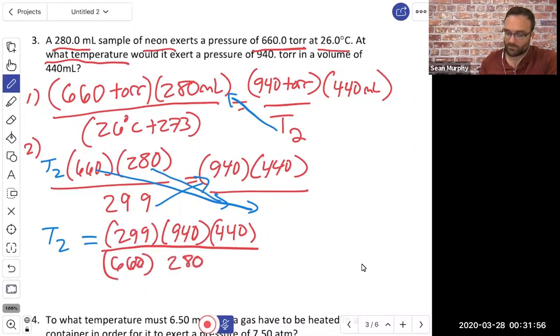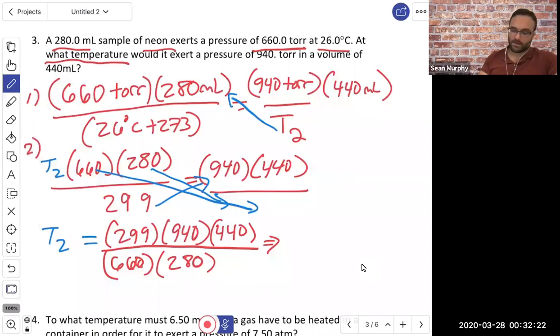So now that we've rearranged the formula to solve for T, let me just double check to make sure that's all right. All right, looks good to me. Hopefully I didn't make any boo-boos.